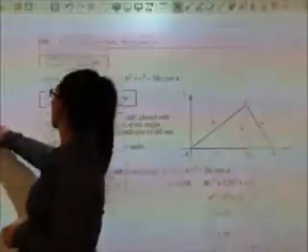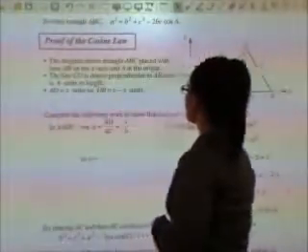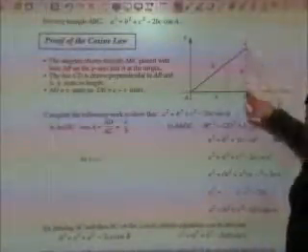So again, we start off with a proof. This diagram shows triangle ABC placed with AB on the x-axis and A is at the origin. The line CD is drawn so it's perpendicular to my base and it has a length of h units.